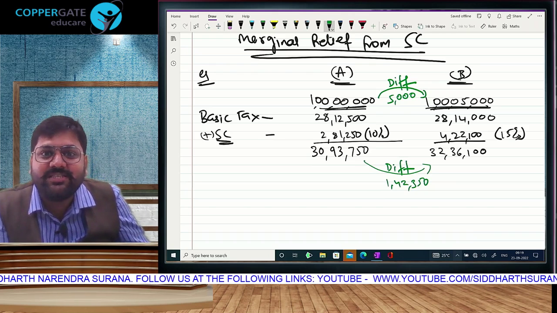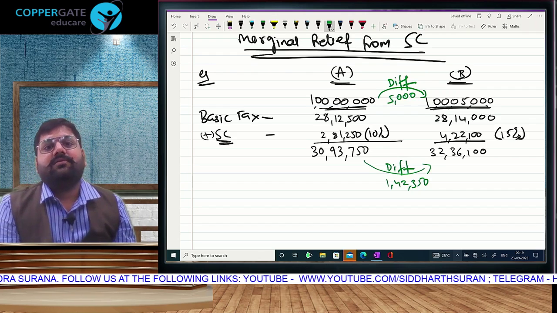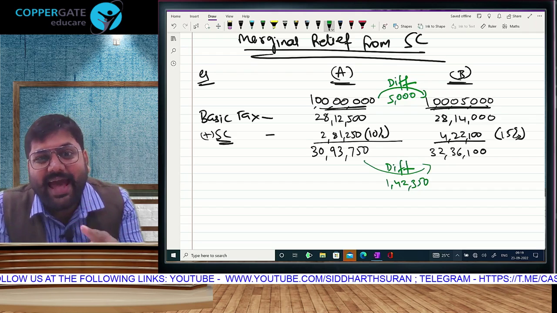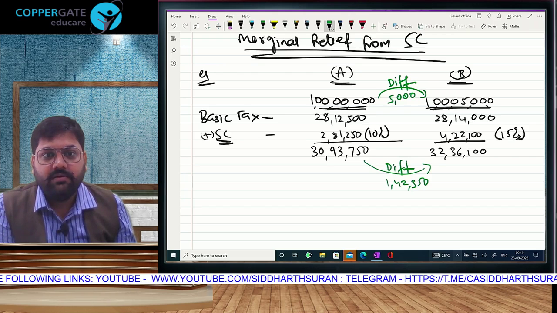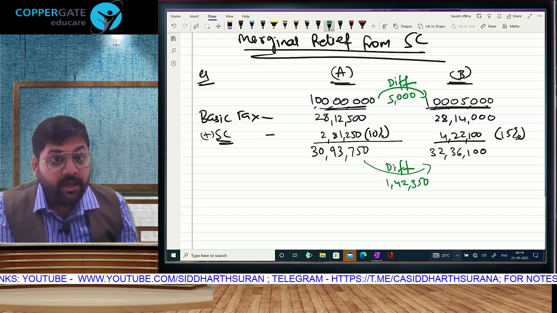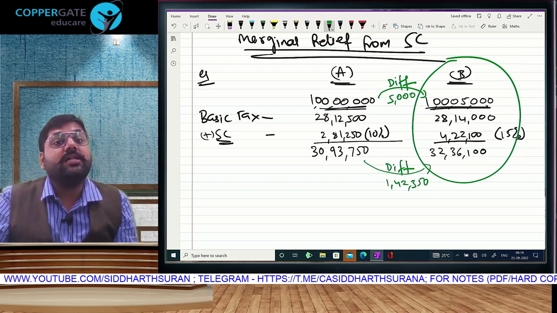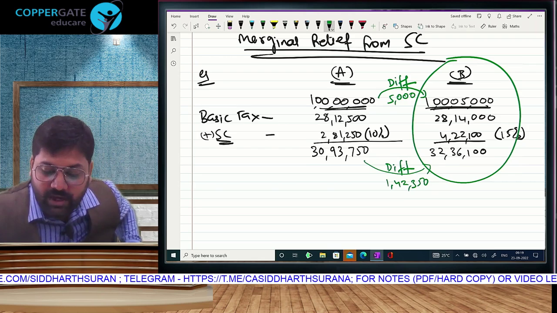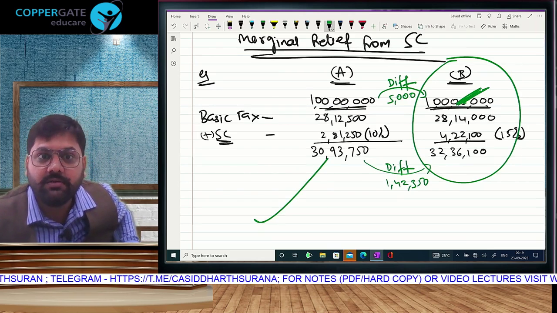Now comes the concept. Difference in income, 5,000. Difference in tax, 142,350. It means, if this person conceals only 5,000 of income, shows income only 5,000 less than his real income, he will become this person.